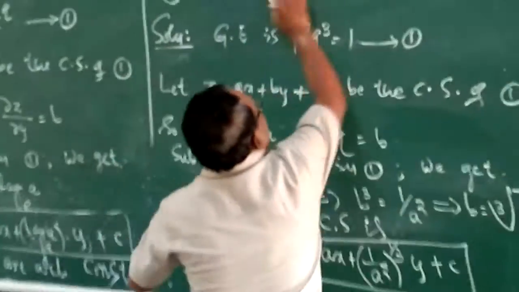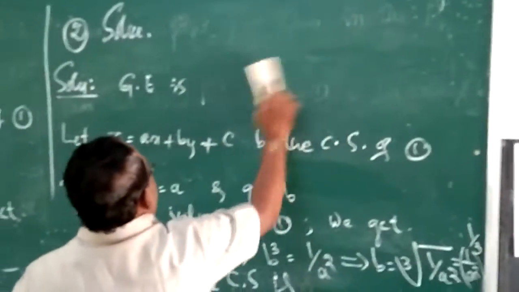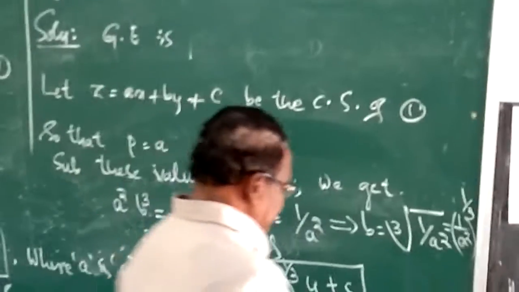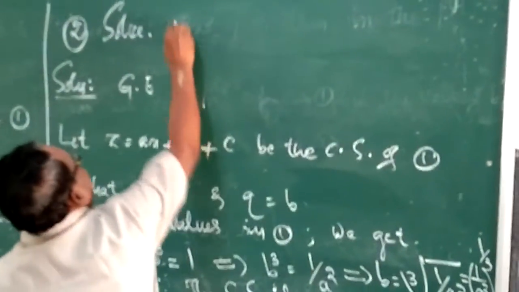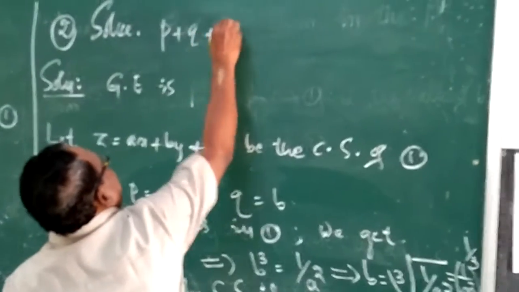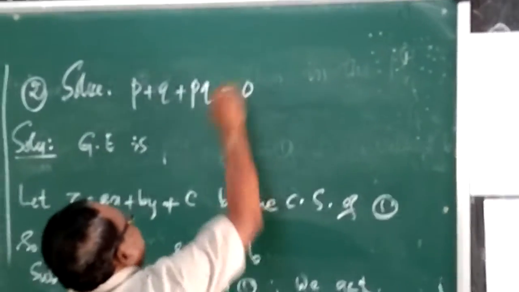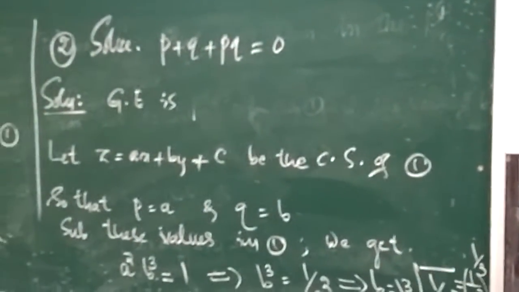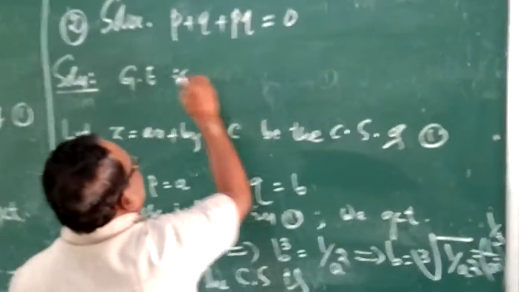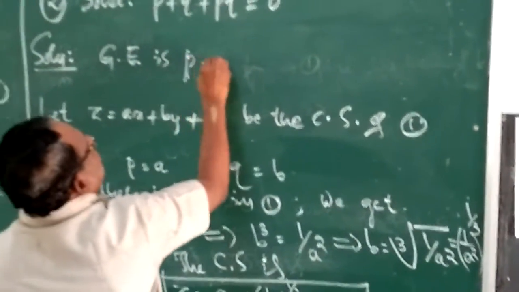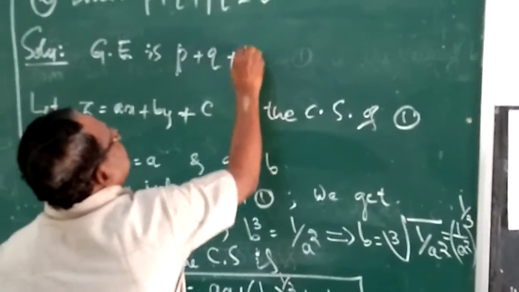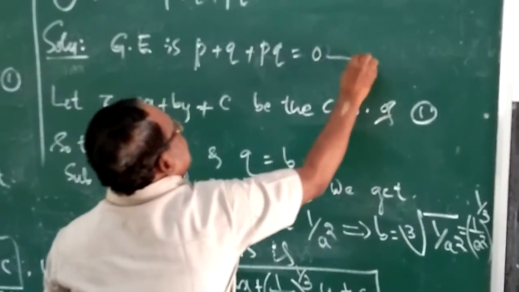Next, let us take up one more example here. Solve p plus q plus pq is equal to 0. The given example is this: p plus q plus pq is equal to 0.